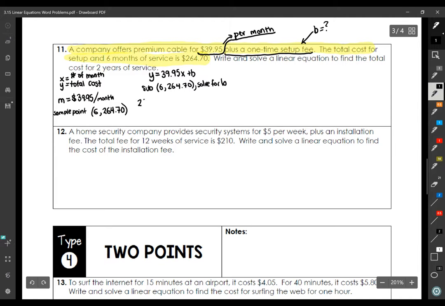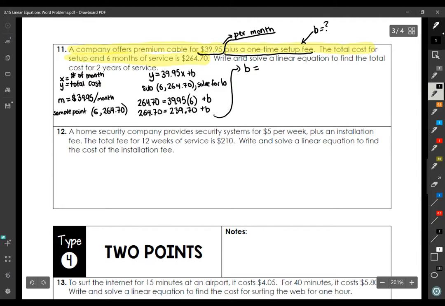Okay, so 264.70 is my y. 6 is my x, and I'm solving for b. Okay. So as I simplify, I get 264.70 is equal to 239.70 plus b. And then we're going to rearrange and solve for b.